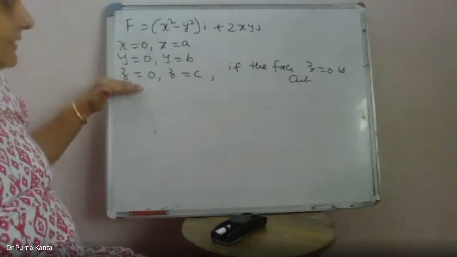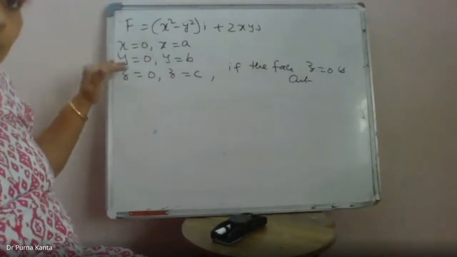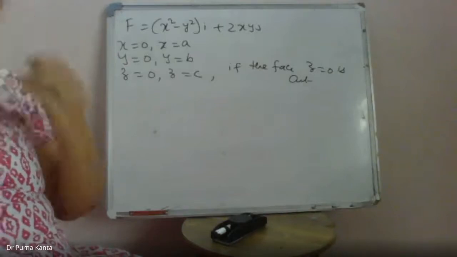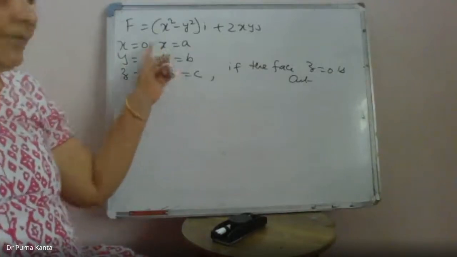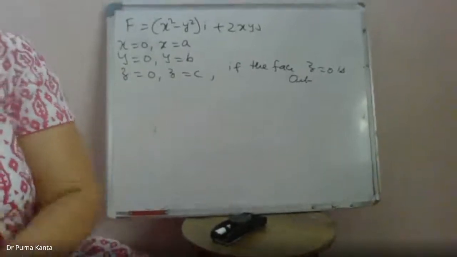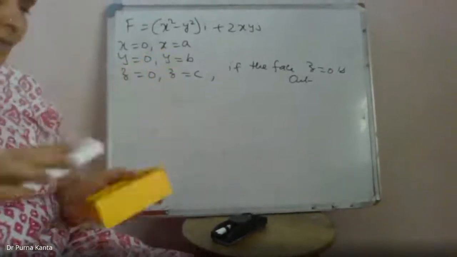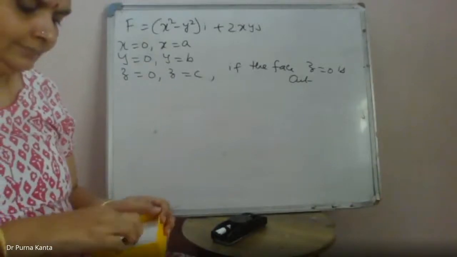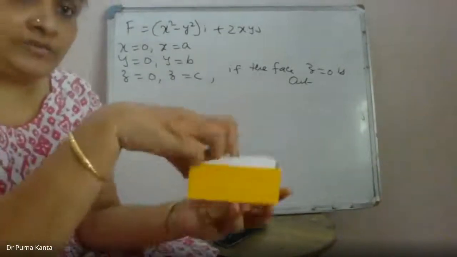The planes x equal to 0, x equal to a, y equal to 0, y equal to b, z equal to 0, z equal to c are given. Originally this is a closed box. Suppose you also take z equal to c, this is the box we have. This is a closed box.